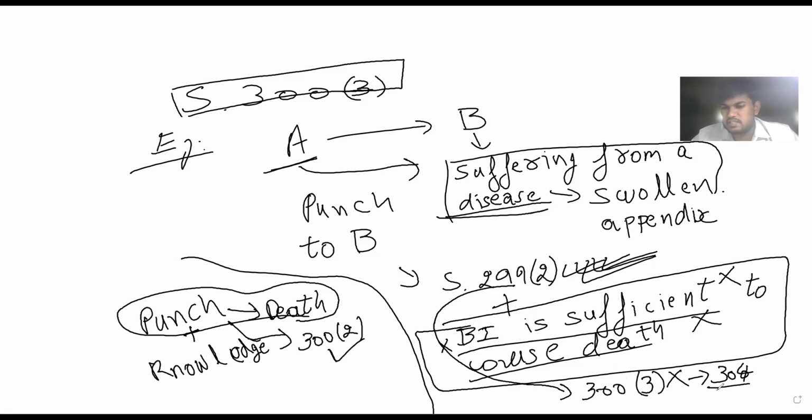Since it is bodily injury, section 299(2) talks about bodily injury, and section 304 part 1 talks about bodily injury and intention to cause death, wherein they have mentioned that the person can be made liable for death, imprisonment for life, and fine.